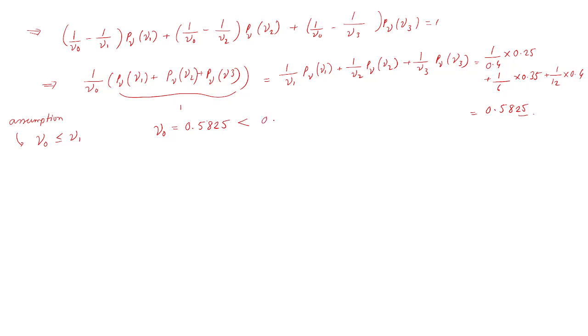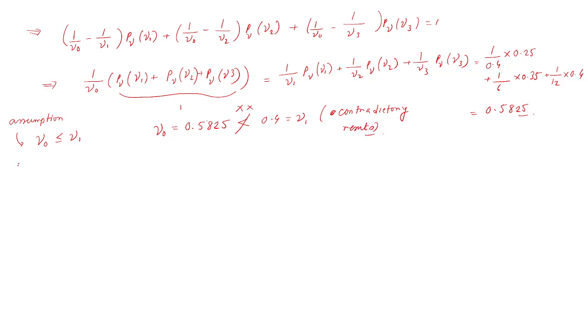Can we see that the gamma 1 value is 0.4? Is this happening? No, these are contradictory results.